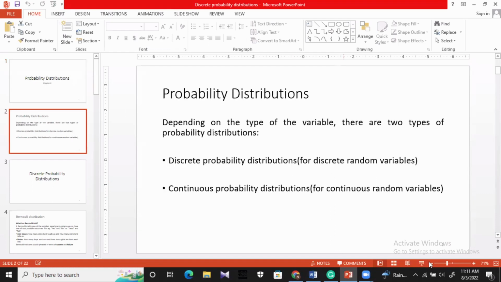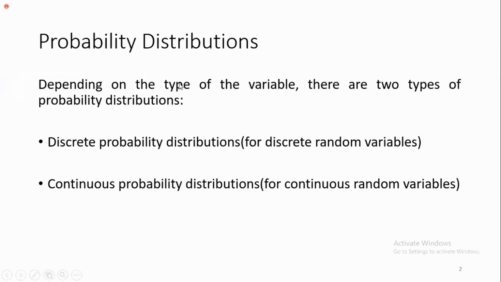As you already know, there are two types of probability distribution. If we have a discrete random variable, we have a discrete probability distribution, or simply a probability mass function. If we have a continuous random variable in an experiment, then we have a probability density function, or continuous probability distribution.